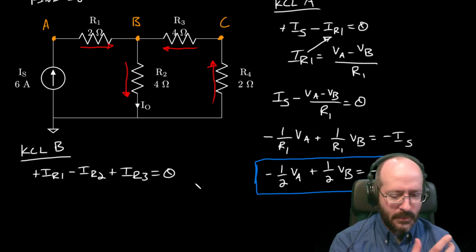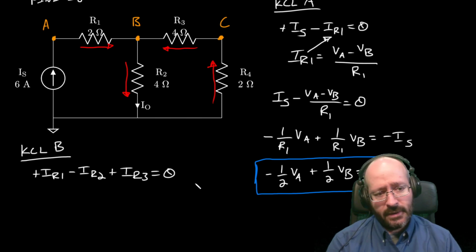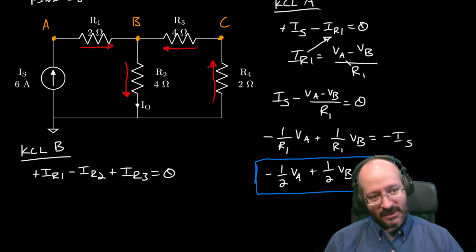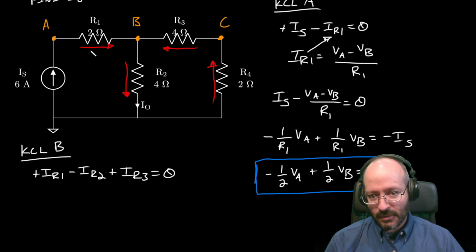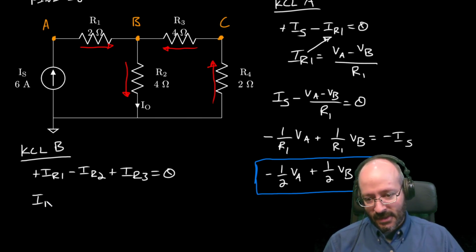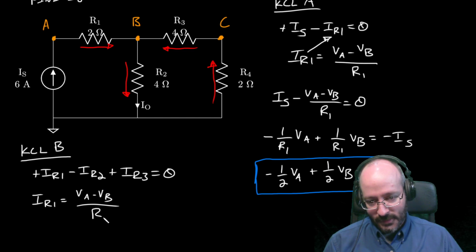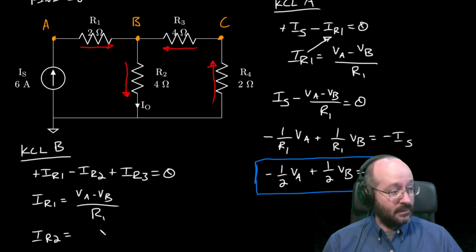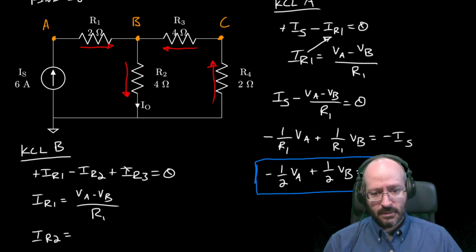Totally do. Okay. IR1, well, we already had it. Look, hey, we got that expression up here. And as long as I'm using the same arrow, I'm going to be okay. But let's write it out anyhow. IR1 is equal to VA minus VB over R1. IR2 is equal to, let's see, where's R2? There it is.